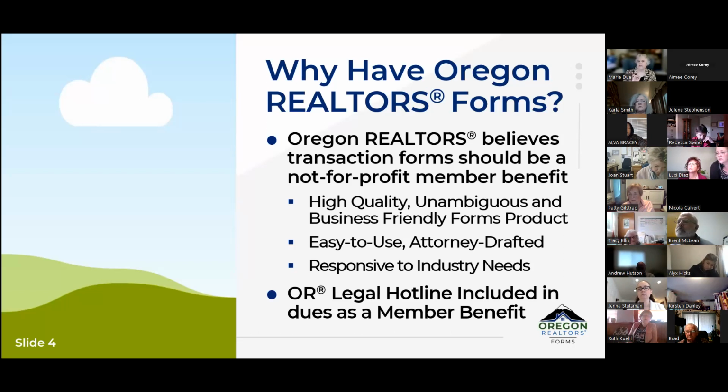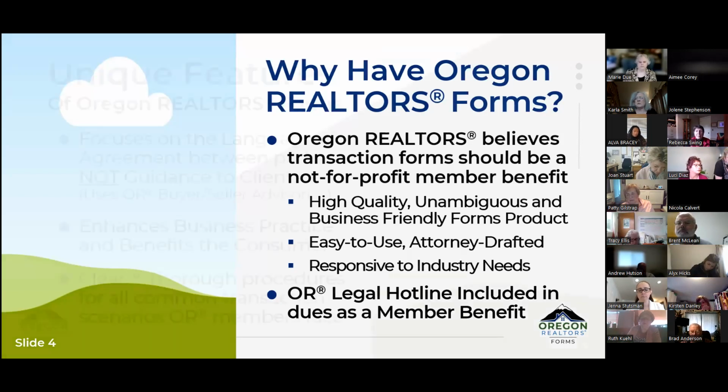Now, with that said, it is always best to talk to your managing principal broker before you call the legal hotline, because that's actually the first thing they're going to ask: have you talked to your managing broker? Part of the issue is that sometimes it's best practices and not a legal issue on the form. So just kind of keep that in mind.